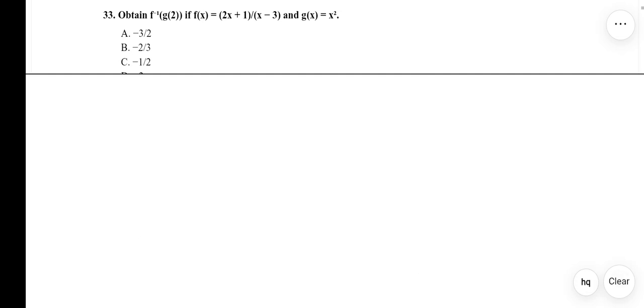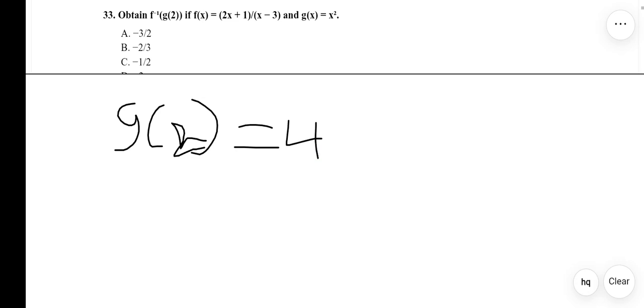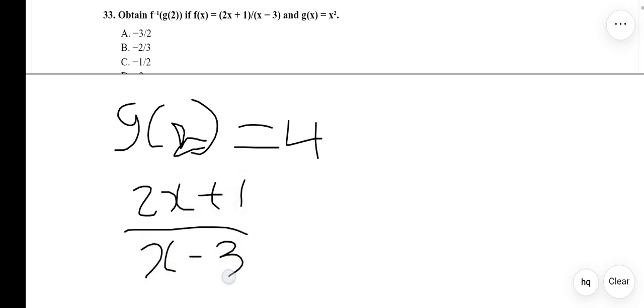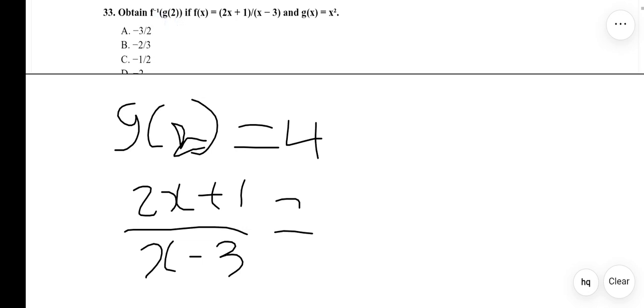The first way is, since you know that your g of 2 is equal to 4, and you are asked to find f inverse of g of 2, you just say 2x plus 1 all over x minus 3 is equal to 4. This was supposed to be the input for the inverse of the function, but it will be the output since we are using the normal function. So we will now find the value of x for this case.